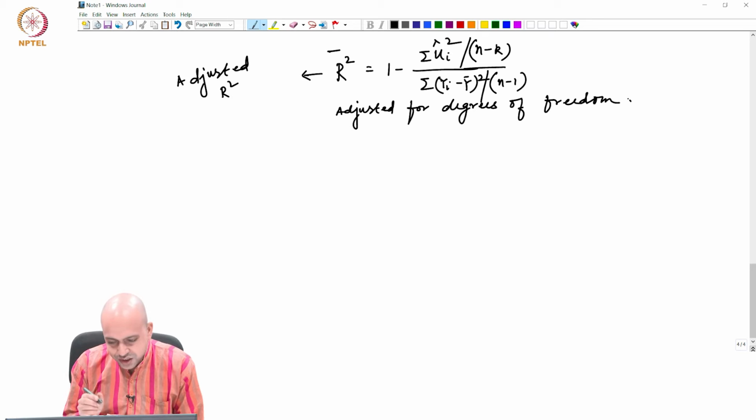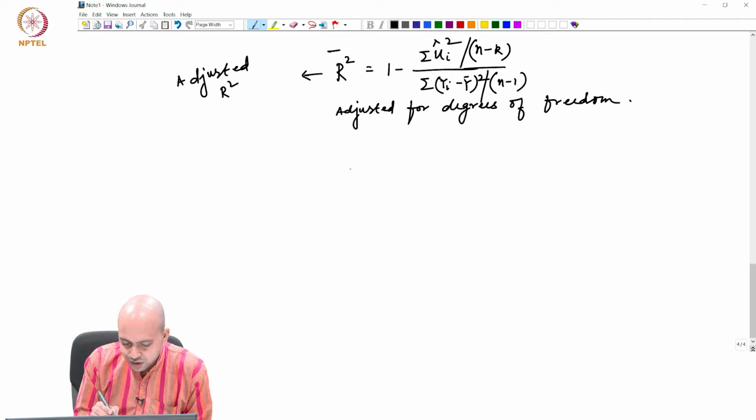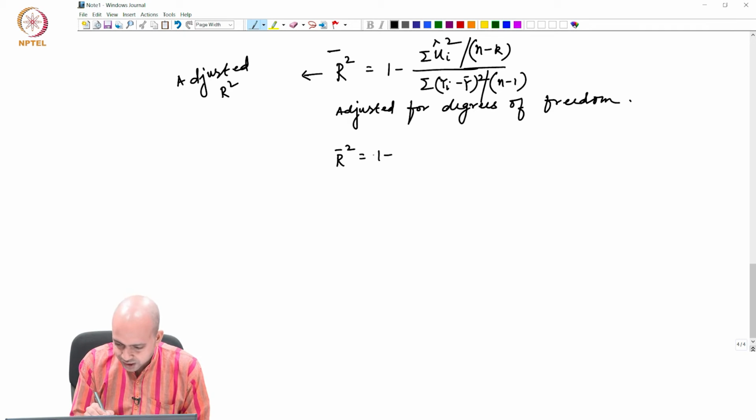And what is the relationship between R bar square and R square? R bar square equals 1 minus, you can easily understand, 1 minus R square into n minus 1 by n minus k.